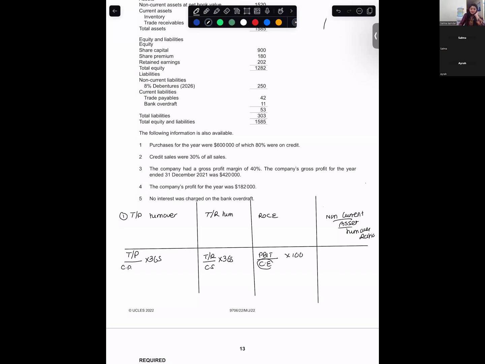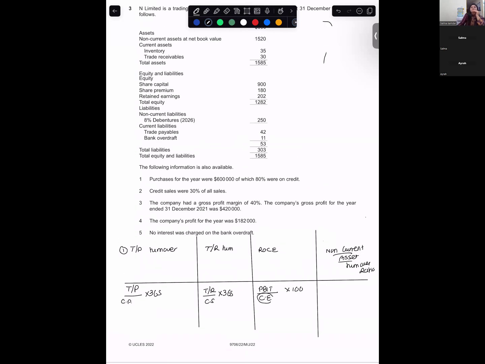So what is the meaning of capital employed? Capital employed is how much capital is in the business currently, the money used in the business. It is your own funds plus your loan funds. Whether it is your money or outsiders' money, that is capital employed.